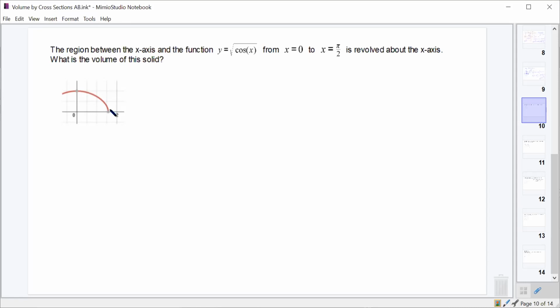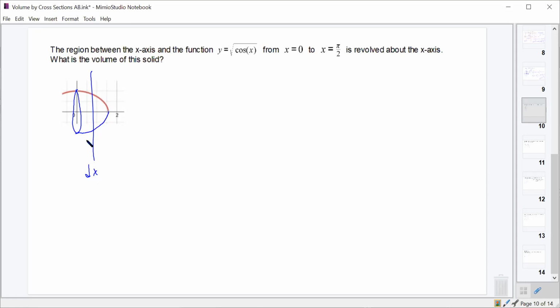So if I take this thing and revolve it around the x-axis, I'm going to get, whatever, like the bottom of an acorn or something. I'm going to get this three-dimensional thing that, if I slice it vertically, has a thickness of dx, and the cross section of that will be a circle, and we know the area of the circle.